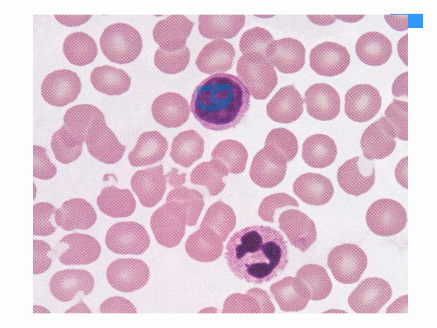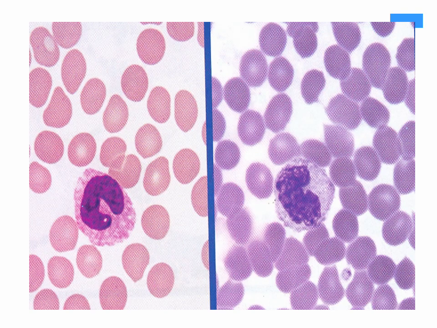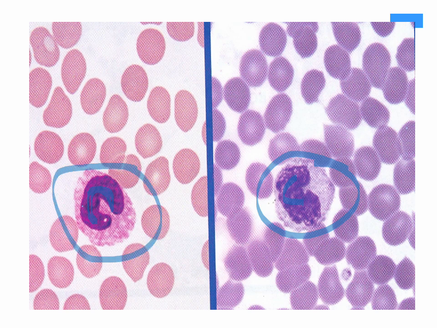Big old nuclei, a little bit of cytoplasm, lymphocyte. Chain nuclei, bigger than the red cells, neutrophil. Kidney-shaped nuclei here and here, big boy, monocyte.